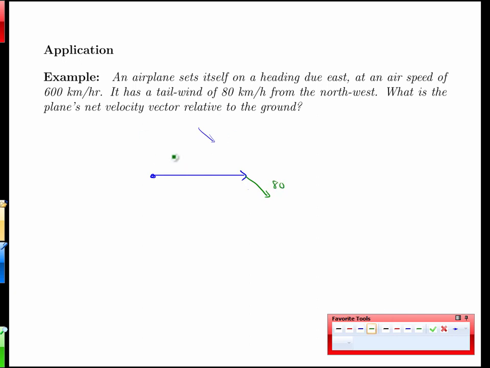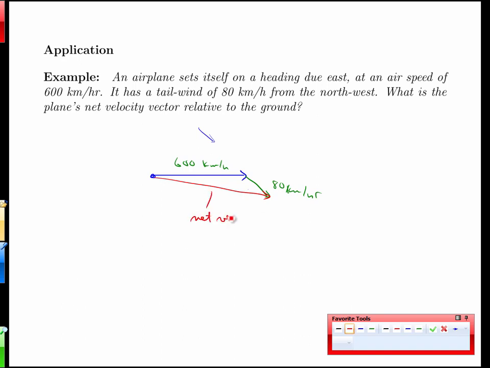So what we can do here is make velocity vectors out of both of these quantities. They both have a magnitude and a direction, and we can obtain the net velocity of this plane by looking at the sum of these two vectors.